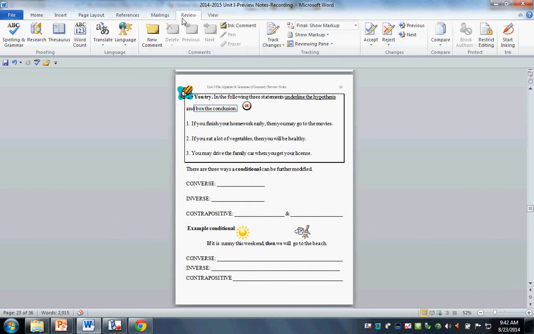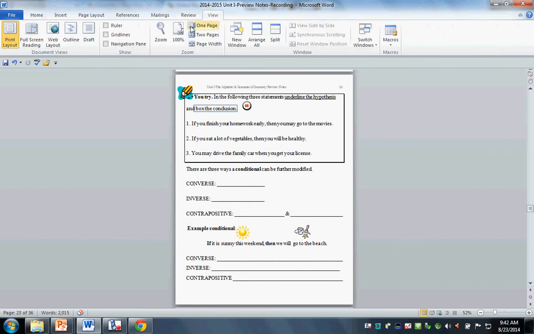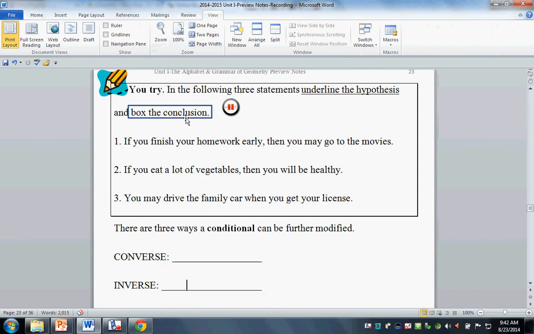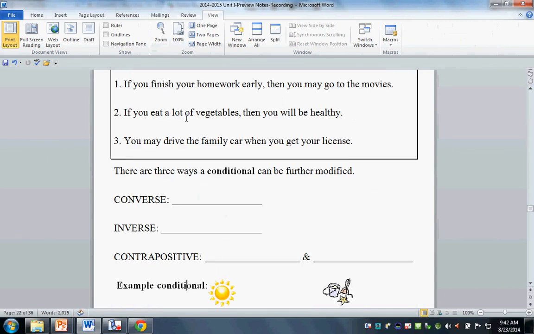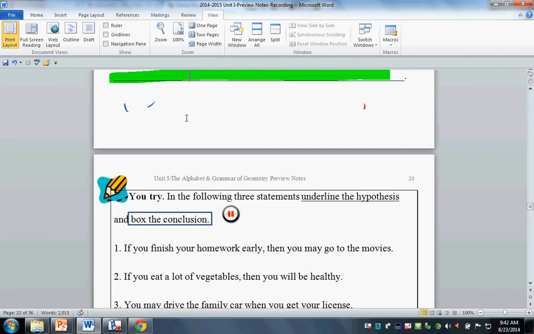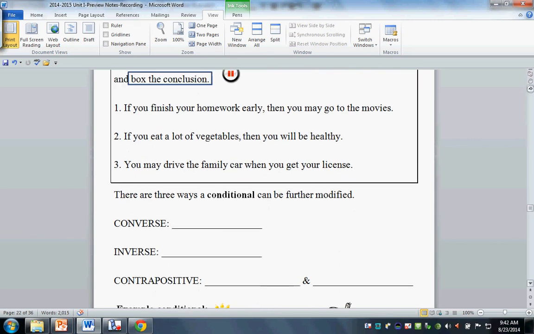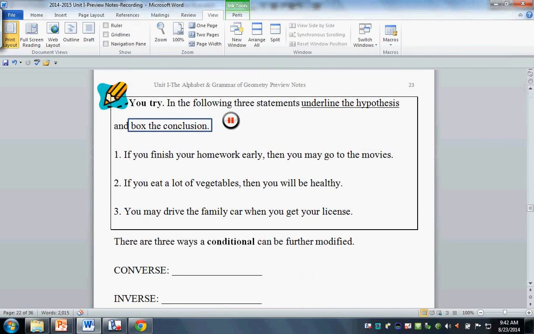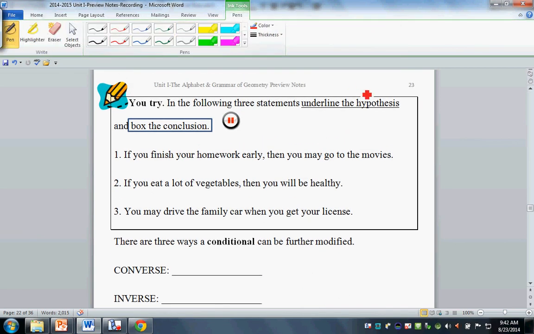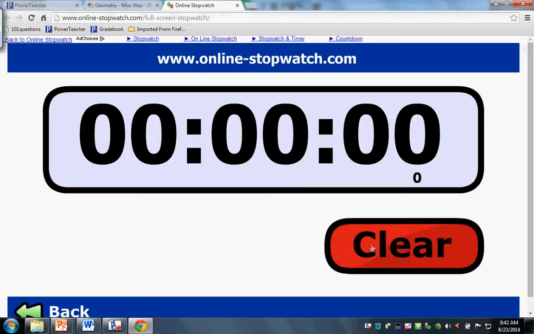Let's move on and apply and give you some more practice here. We're going to read the statements below, and I'd like you to underline what you believe the hypothesis is, and then box where you believe the conclusion is. So underline the hypothesis, box the conclusion. And remember, the hypothesis is the cause, and the conclusion is the effect. So I'm going to give you another 30 seconds.